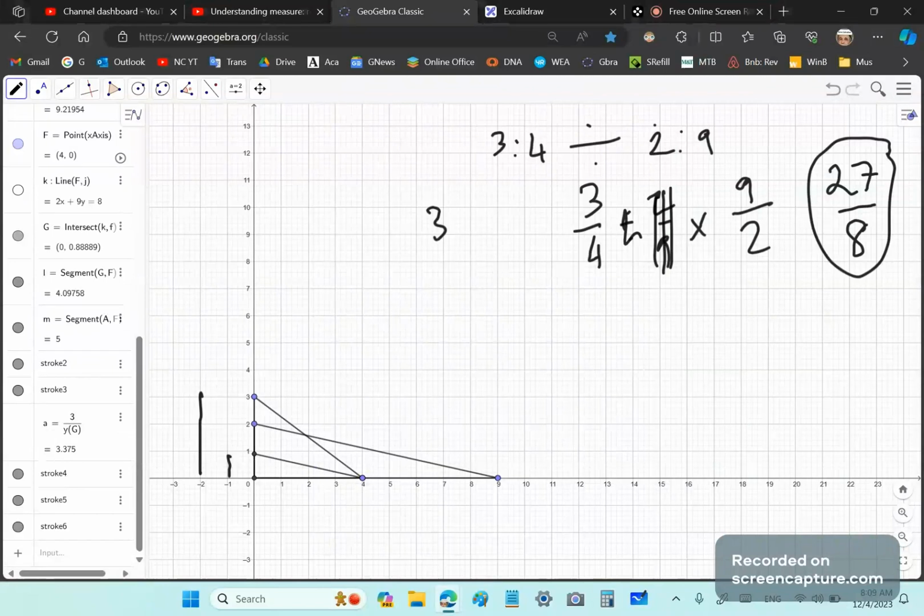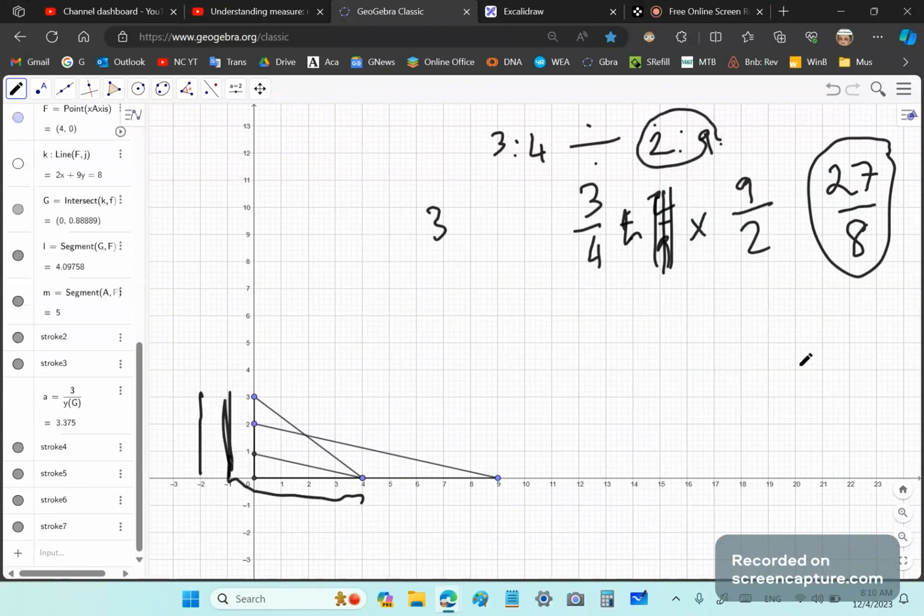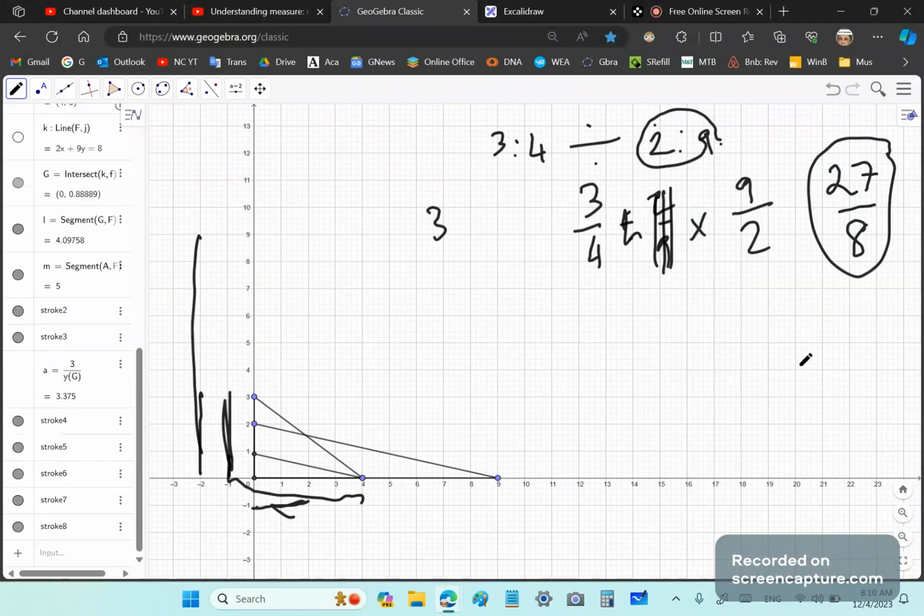Now, if you wanted to say 3/4 multiplied by 2/9, then you'd leave this 3/4 alone, as you have it here, and you'd switch these two around. You'd have the 9 on this side and the 2 on this side. And then you do again a quotient, because multiplication is just a reciprocal division.